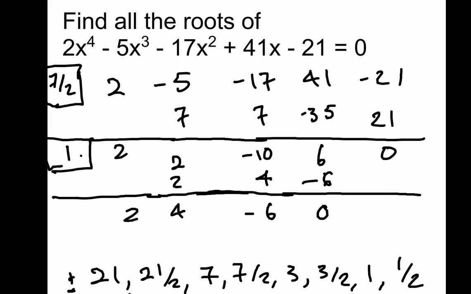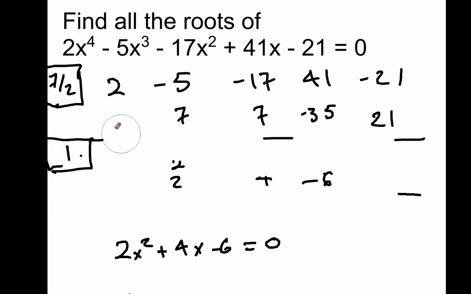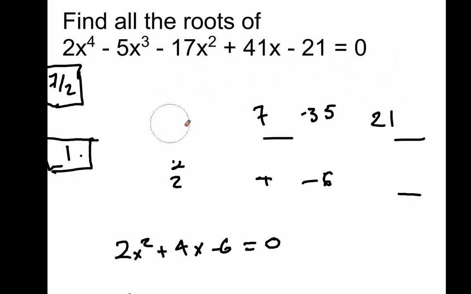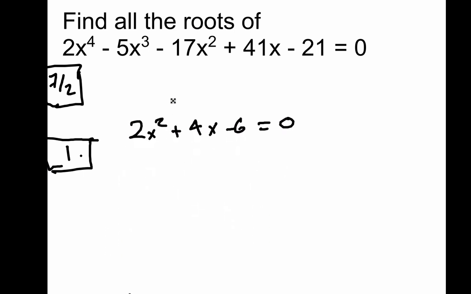Okay, so now we don't need these anymore, because we're down to a quadratic, and we know how to solve a quadratic. 2x squared plus 4x minus 6 equals 0. This is what this equation has reduced to. So I'm going to erase everything except for the roots that we found, and I'm going to move this up, and we're going to solve this quadratic equation. There's a bunch of ways to solve it.